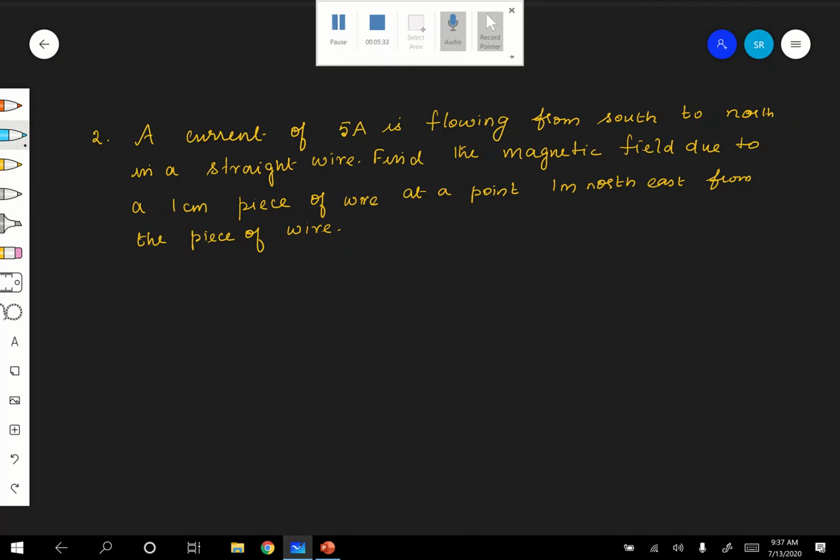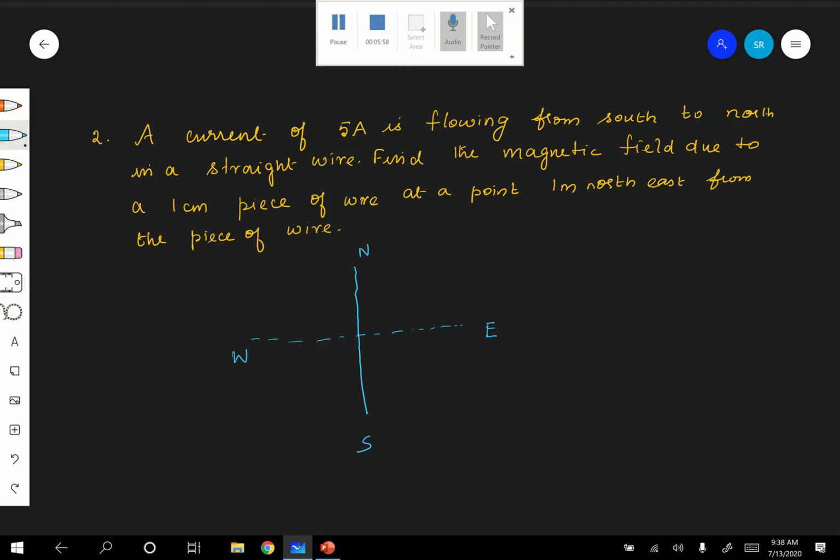Therefore, what is that? See, a current of 5 amps is flowing from south to north. Okay, let me have this one. This is south and this is north. If this is south and north, I think you know, this should be east and this should be west. Correct? Right.